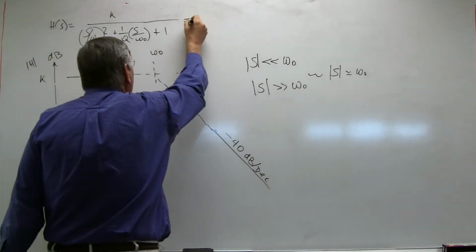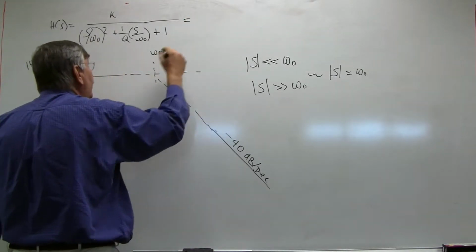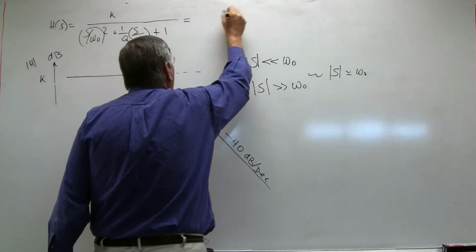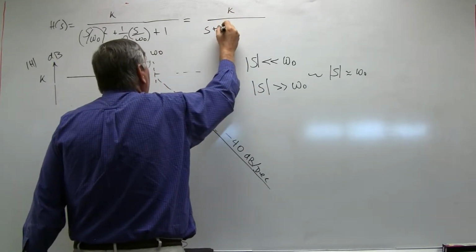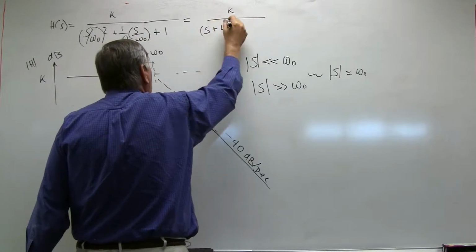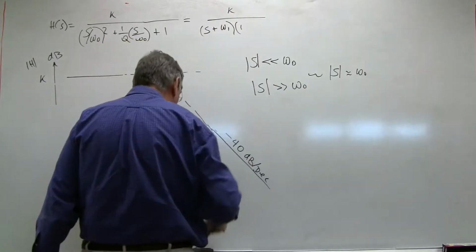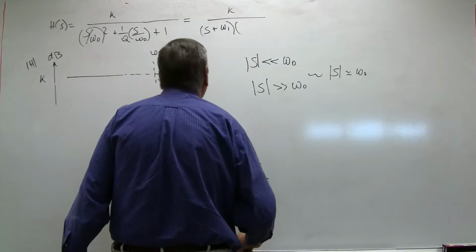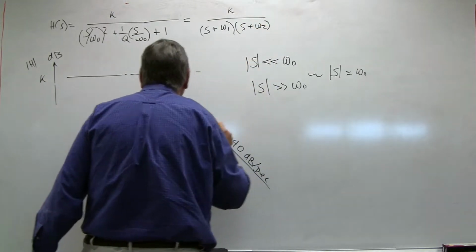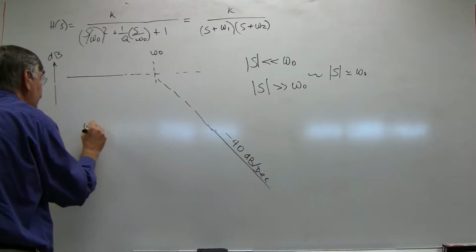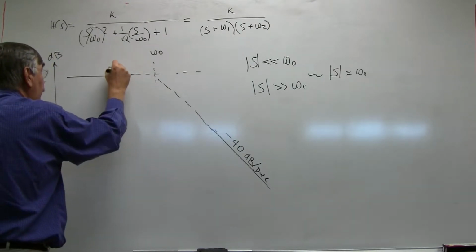Now, in another lecture I pointed out, but we can see it by just doing some factoring here, that if we have real poles, then this thing can be written as K divided by (s plus omega 1) times (s plus omega 2). And we talked about how we can estimate those two frequencies.